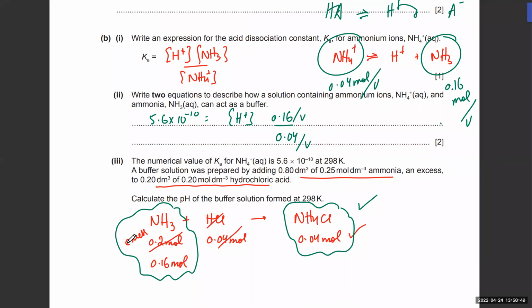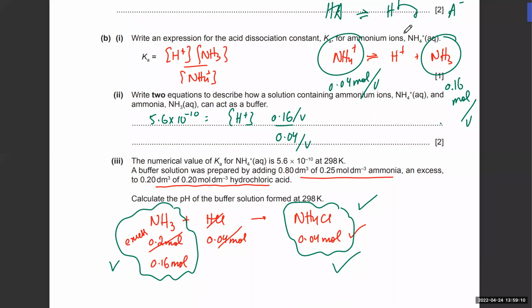So your container has two things now. It has NH4Cl and it also has NH3. So if your container has NH4 plus 1 ions, जो कि 0.04 moles है, and it also has NH3 which is 0.16 moles. So basically now after the reaction, it is this equilibrium that we're talking about. You clear?